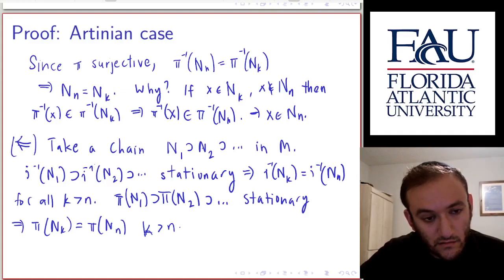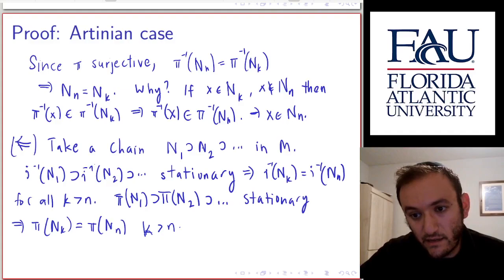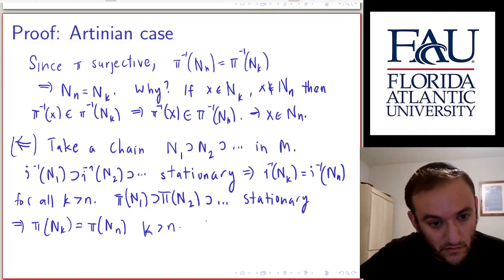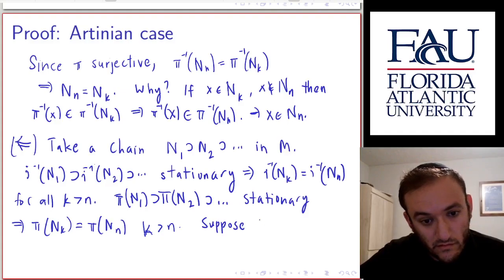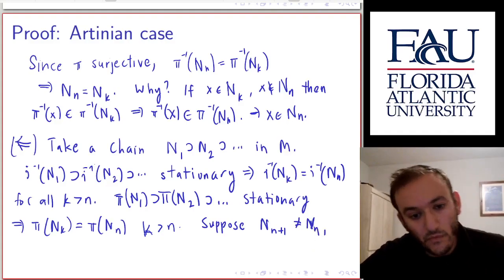Well, suppose we had, for instance, that n_{n+1} is not equal to n_n.